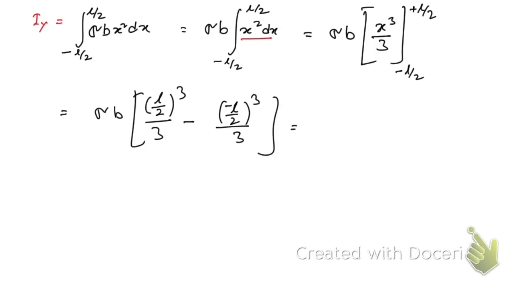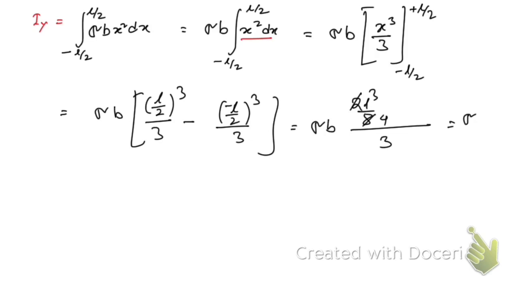So sigma b, here we're going to take 3 as LCM, L cube by 8 plus, because cube of this minus remains minus, so minus minus plus L cube by 8. So L cube by 8 plus L cube by 8, we can write 2 into L cube by 8, which gives L cube by 4.